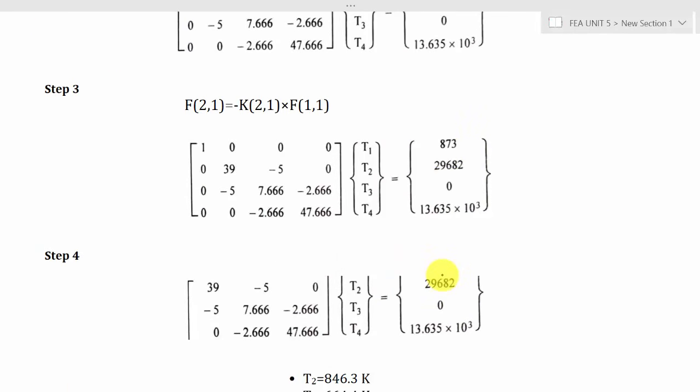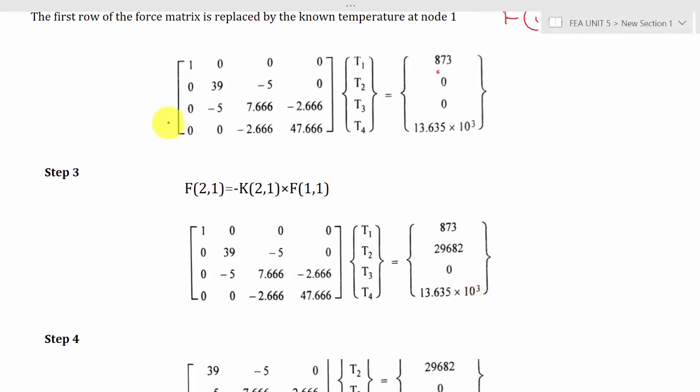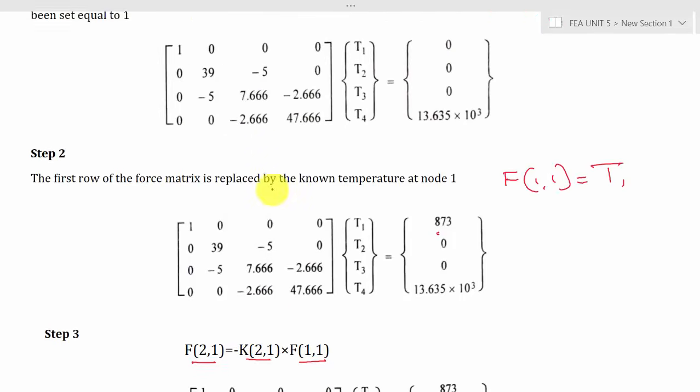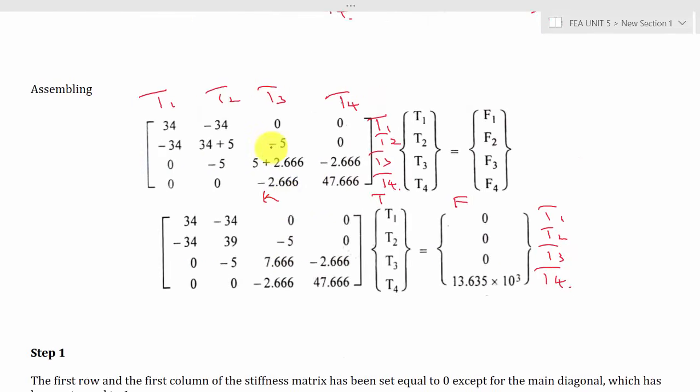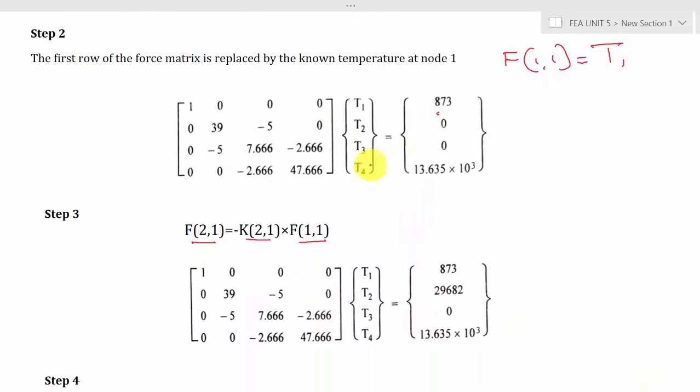Then the third step is my f of 2 comma 1 is equal to minus of k of 2 comma 1 into f of 1 comma 1. So here minus k of 2 comma 1 means this is my k 2 comma 1. So that is 34. So here it is equal to, already I have a minus. So the value is minus 34 into f of 1 comma 1 is 873.